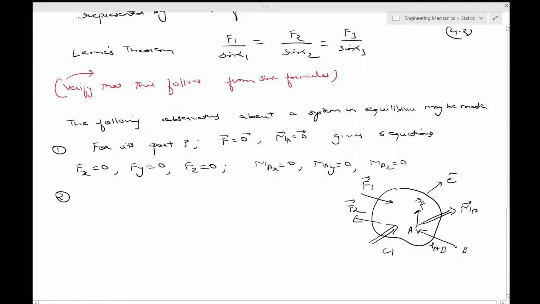Now given this force system, let's make this observation.